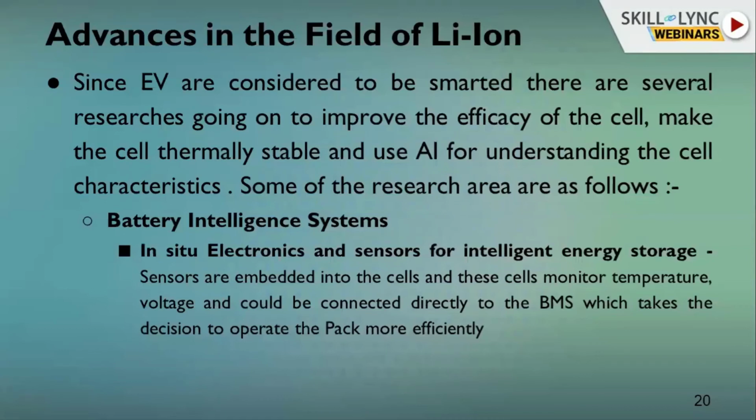So there are some advances at the research stage, where they put a sensor directly inside the cell. These cell sensors are connected to the BMS, so that the cell's internal temperature is directly monitored. That will give even more efficient results, and the BMS can function even better. This is one kind of advancement which is happening.